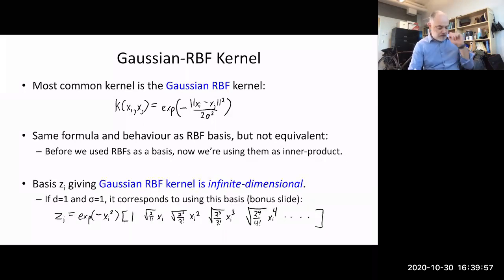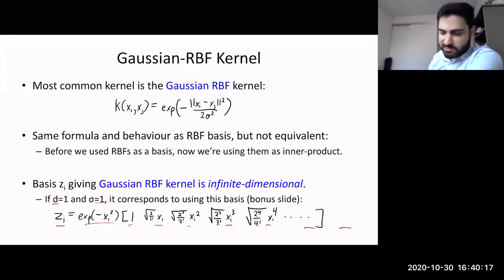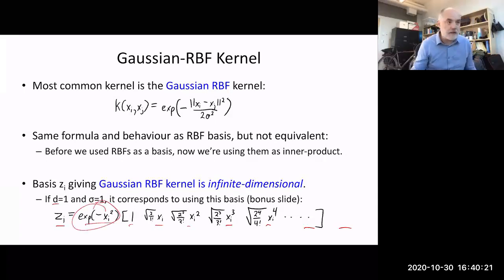With original feature space dimension 1 and sigma equal to 1, you can work it out. It's in the bonus slides that the basis in which you're computing is infinite dimensional. It has all polynomial orders and a term in front. Looks a lot like a Taylor expansion, except for that thing right there.